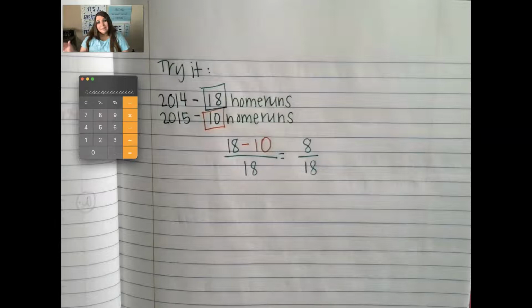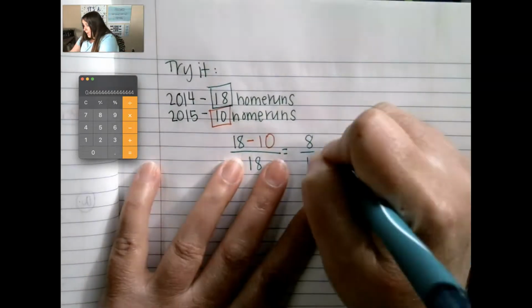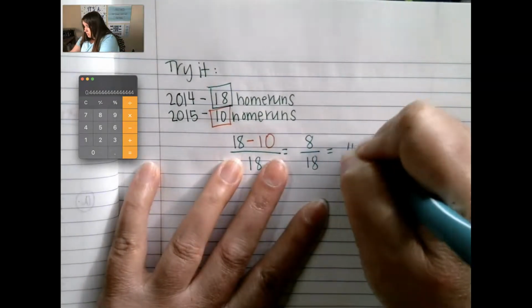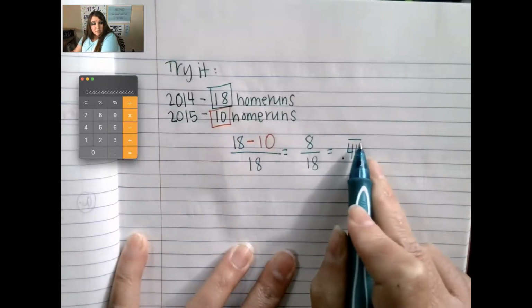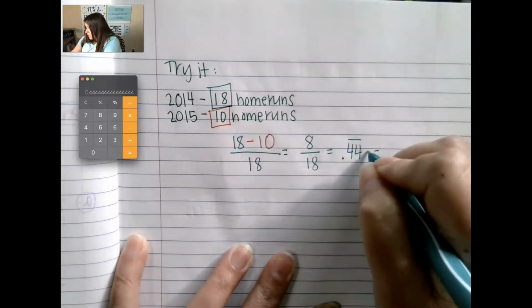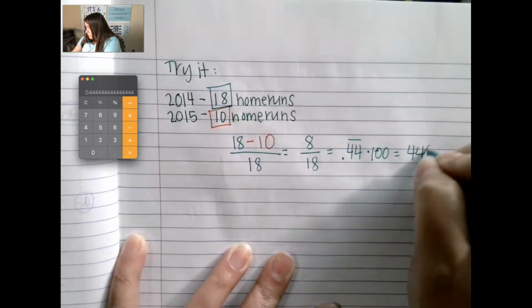There's no ending in sight. It is repeating. So on this problem, we're just going to look at, it looks like that, okay? We're going to use that little sign right there for repeating, and we're just going to multiply this by 100, and that's going to give us that 44%.